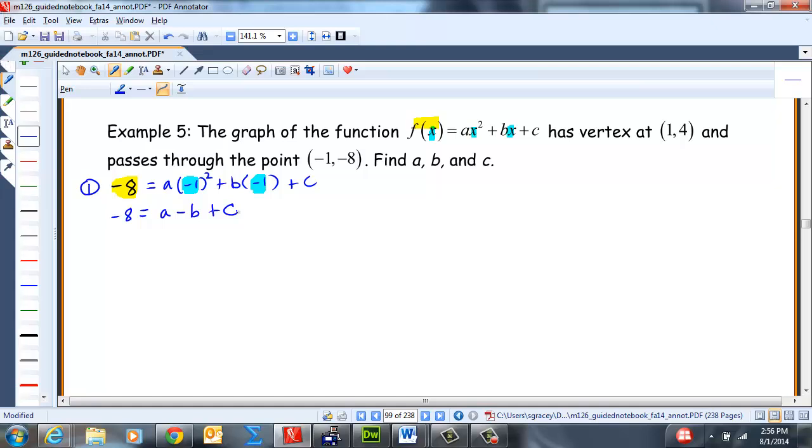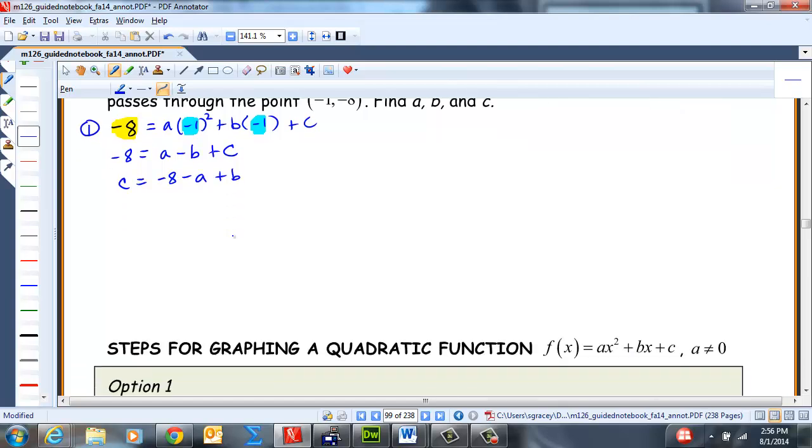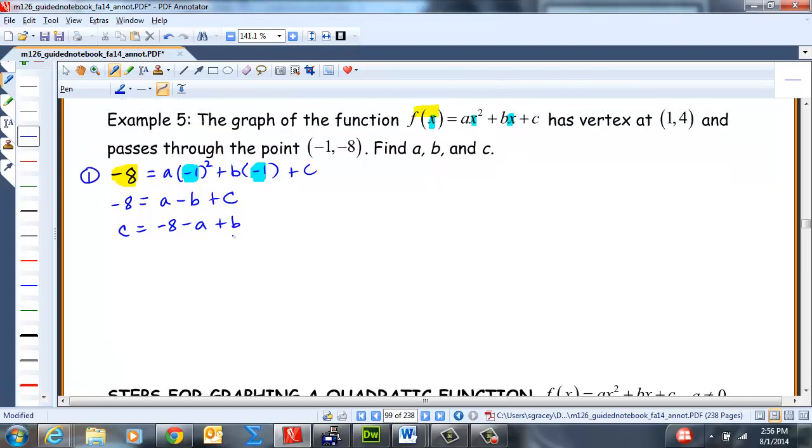Now, I'm going to be getting information about a and b from the vertex information. So I'm going to isolate c. So with a little algebra, I would get that c is equal to -8 minus a plus b. I basically subtracted a from both sides and added b to both sides. So we have c written in terms of a and b.